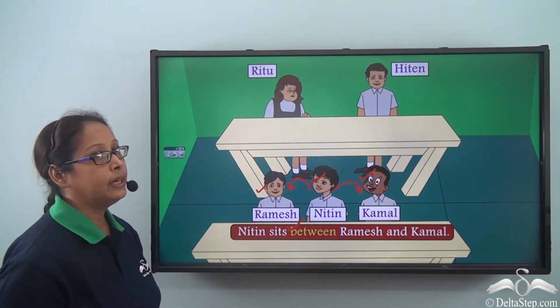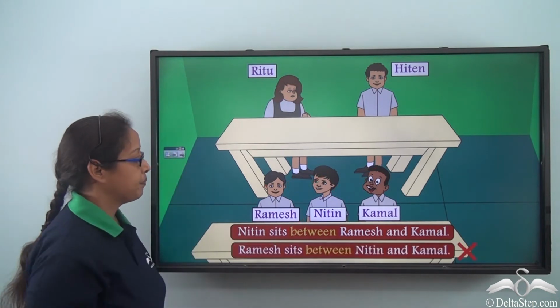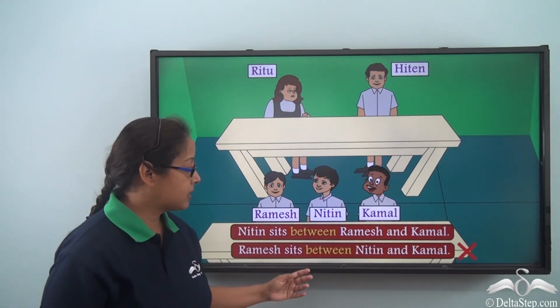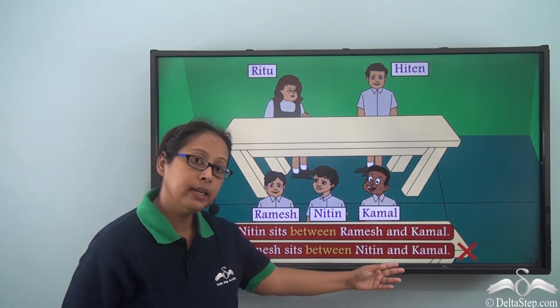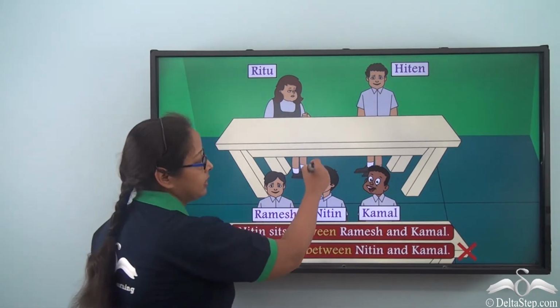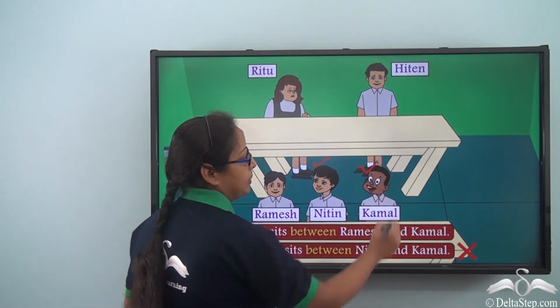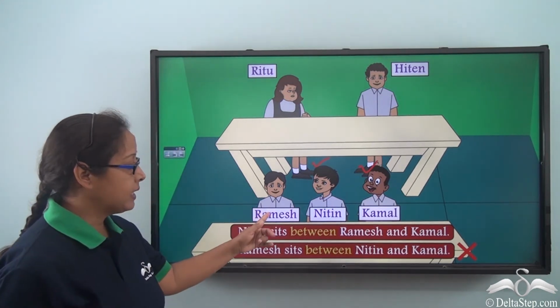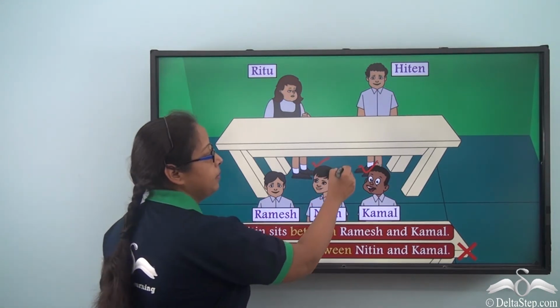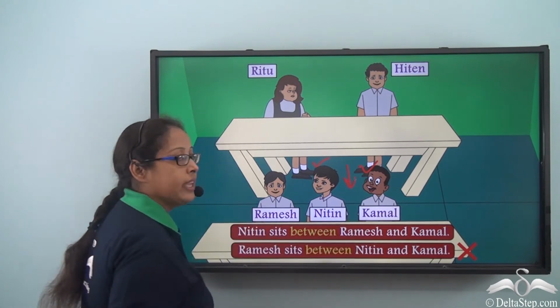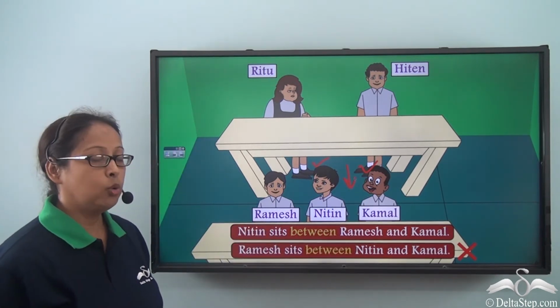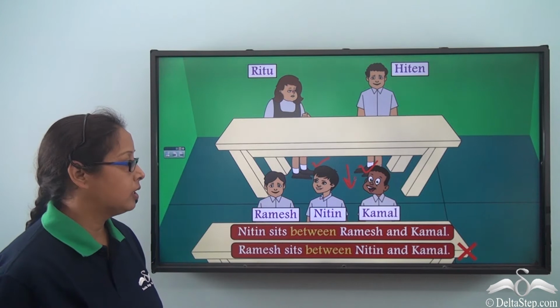Now let's see another slide. Ramesh sits between Nitin and Kamal. Now here is Nitin and here is Kamal. Now do we see Ramesh sitting in the middle of these two people? No, that is not the case over here.